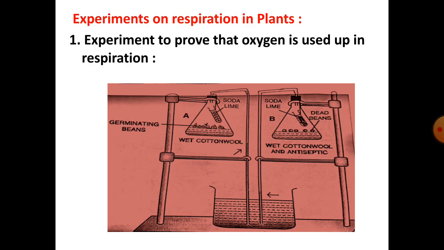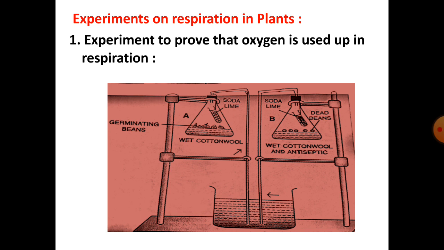Next, there are a few experiments on respiration. The first experiment is to prove that oxygen is used in respiration. There is the apparatus, conical flasks, and you can see that flask A contains germinating bean seeds, and flask B contains dead seeds.